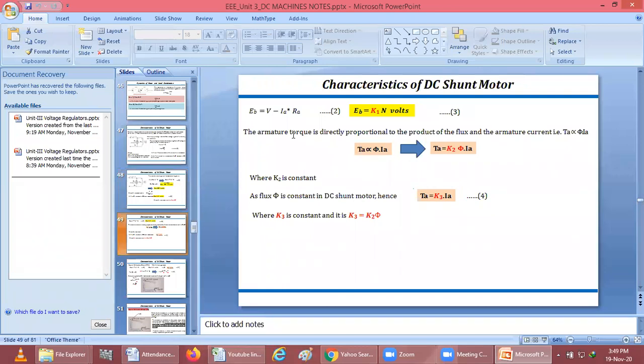So we will write here the armature torque is directly proportional to the product of armature current and the flux. So torque will be proportional to phi into Ia, where we can consider K2 as a constant term. Again, if you are considering flux as a constant, K2 phi, तो तुम लिख सकते हो K3. You can write torque equal to K3 Ia. So you will get torque is directly proportional to Ia.